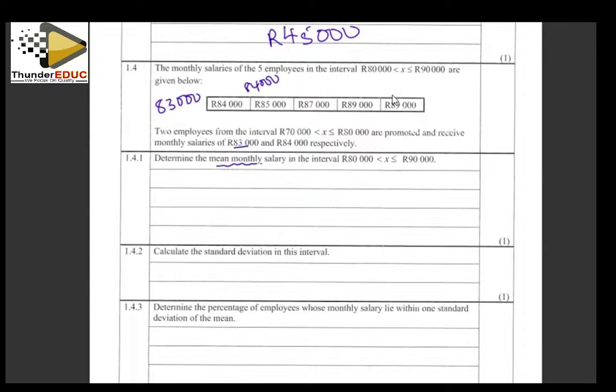So if you punch this into your calculator using the stats functions, that's 83,000. We have another 84,000, then 84,000. We have 85. Then we have 87. We have 89. And then lastly, we have 89.